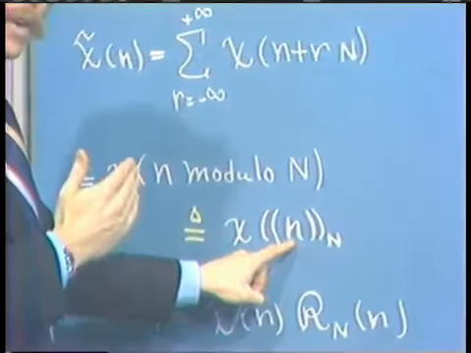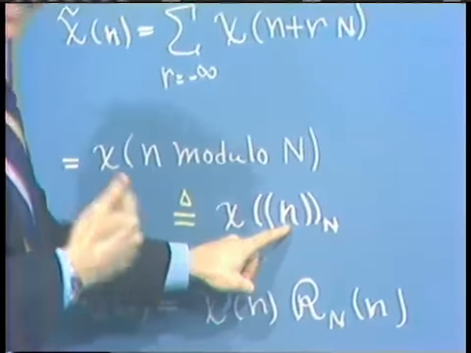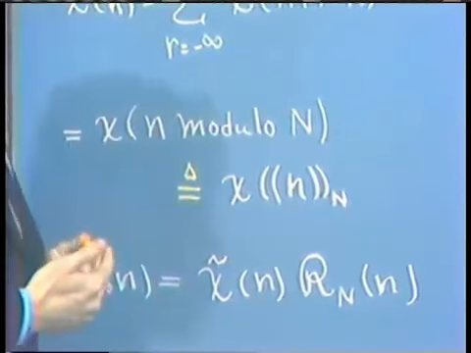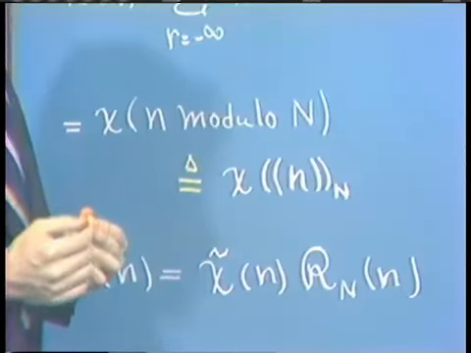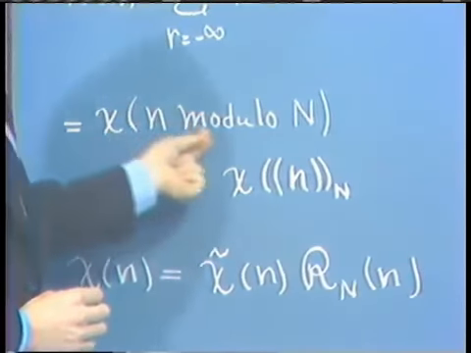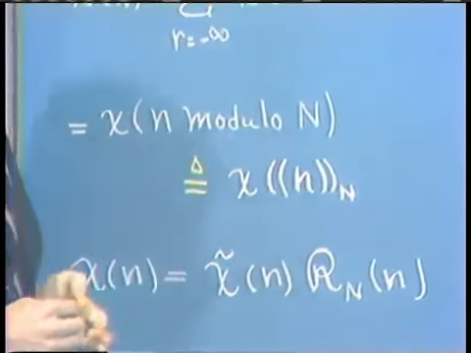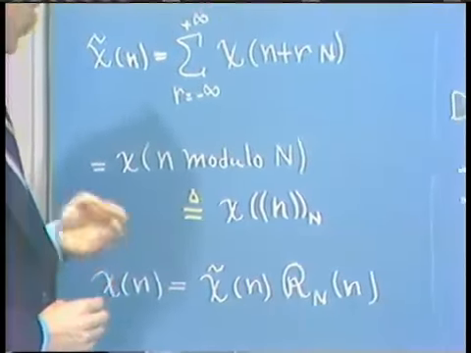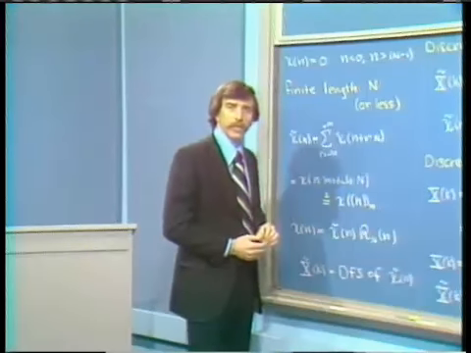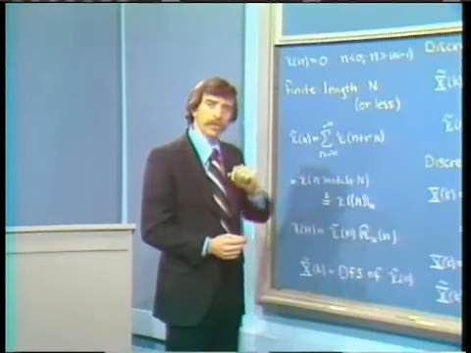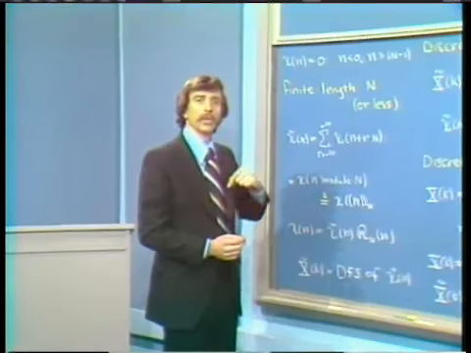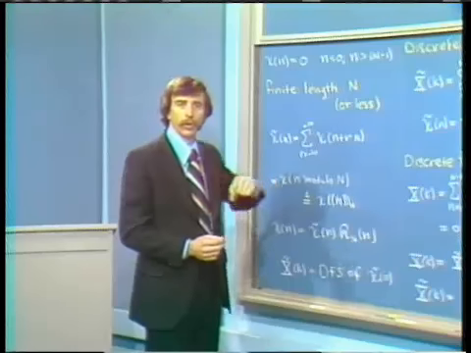And as little n varies in the range capital N to 2 capital N minus 1, that argument taken modulo N again repeats the values of x of n in the range n equals 0 to capital N minus 1. Expressing it this way, as I stressed before in the previous lecture, corresponds to taking the finite length sequence x of n and simply wrapping it around the circumference of a cylinder. As we run around the circumference of the cylinder, we see x of n repeated over and over again.